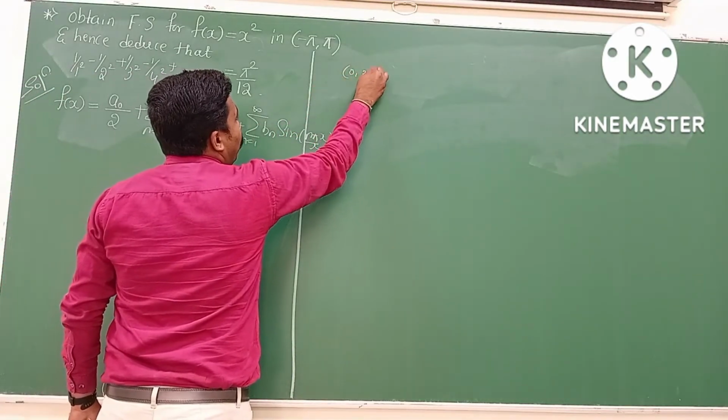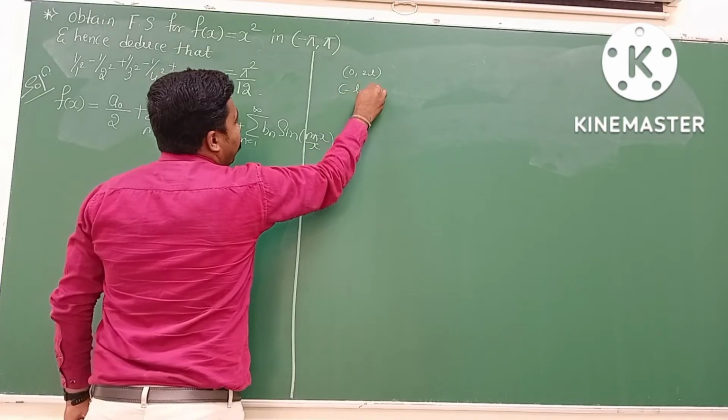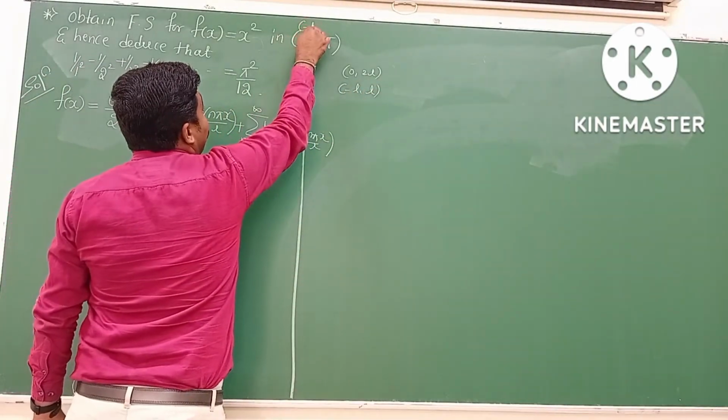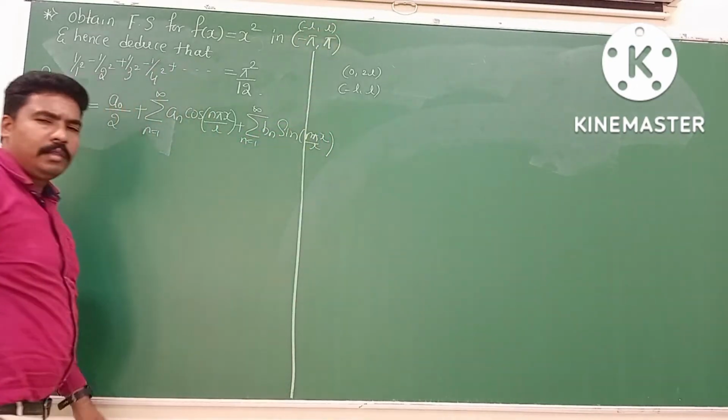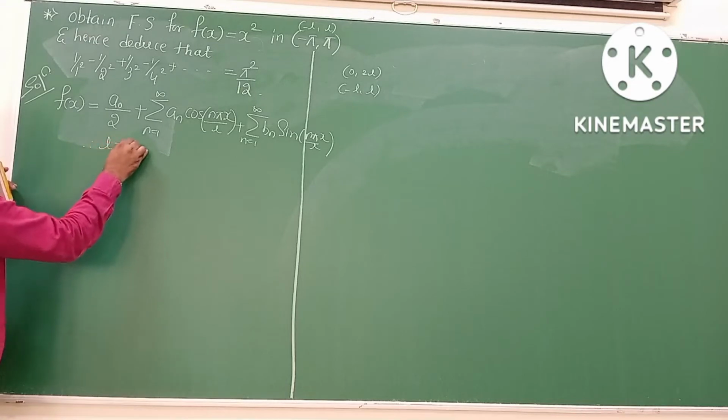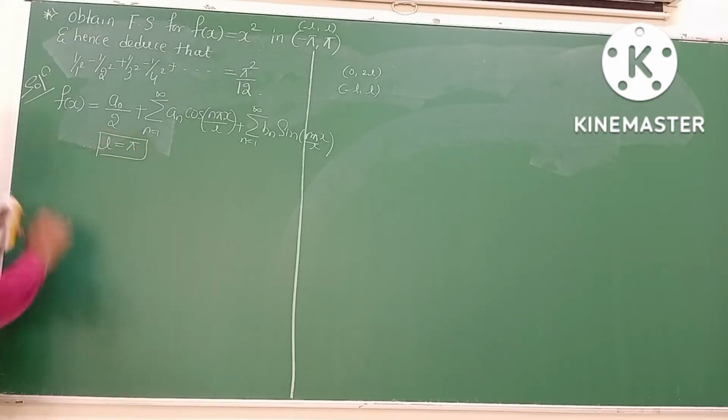One is 0 to 2L, another one is minus L to plus L. So on comparison, this limit is of the form minus L to plus L. Very clear picture. So clearly L equal to what? Pi. L equal to pi.